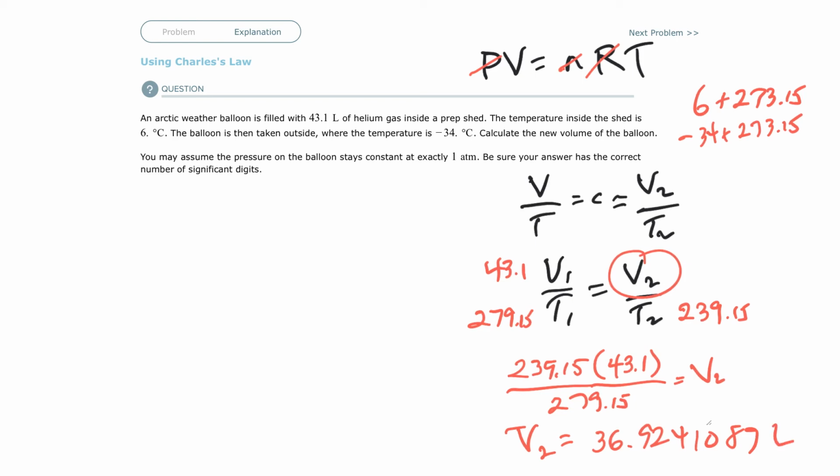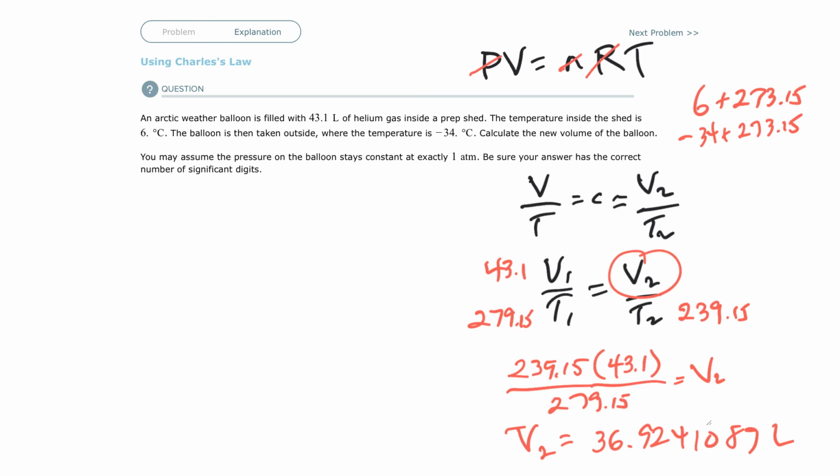So I go back and see what my significant digits are. My significant digits are only going to be the liters here. The temperatures in Kelvin are both three significant digits here. So I have 43.1, 279 and 239.